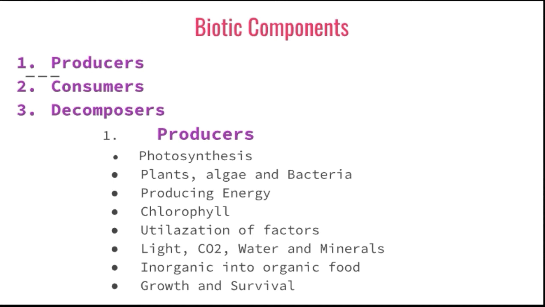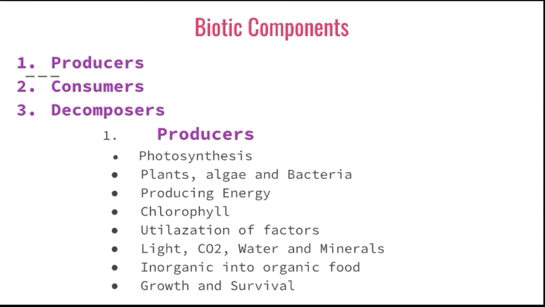The producer also depends on the abiotic factors of the ecosystem for producing energy. Why? Because it contains chlorophyll. Chlorophyll is used for the synthesis of food with the utilization of abiotic factors like CO2, light, water, and minerals.